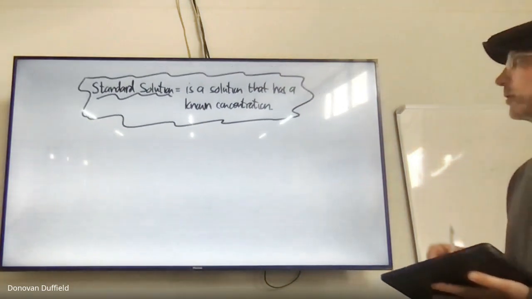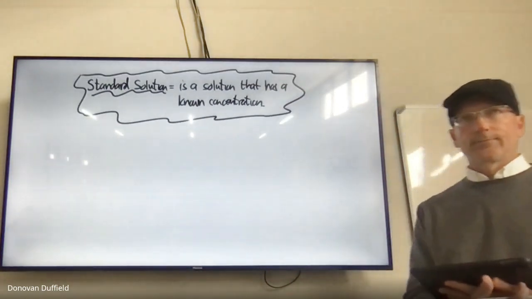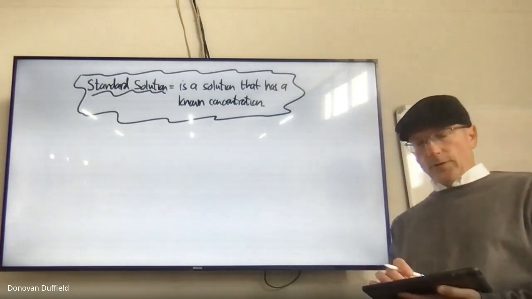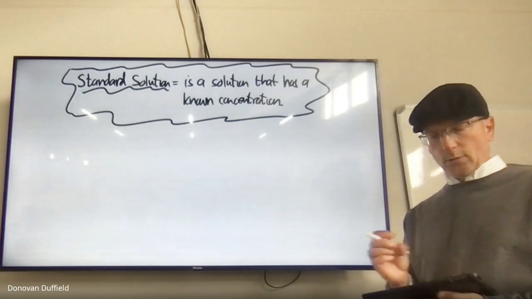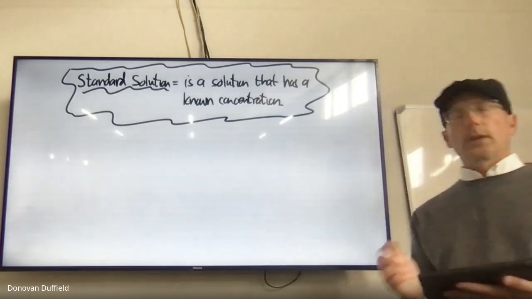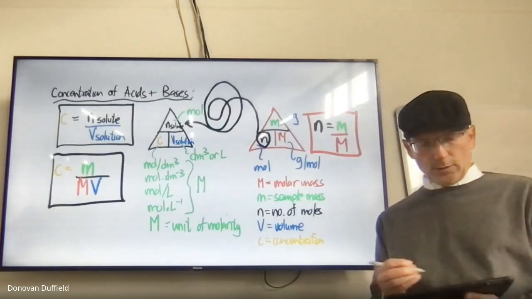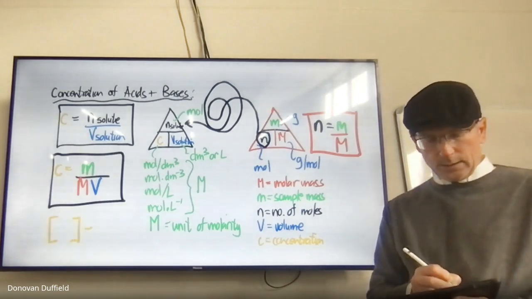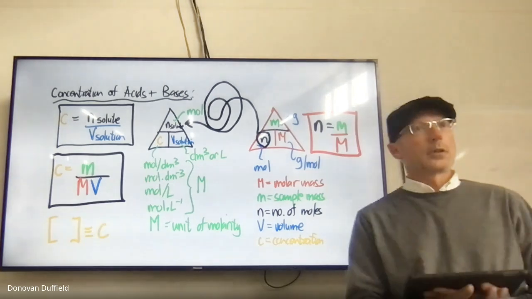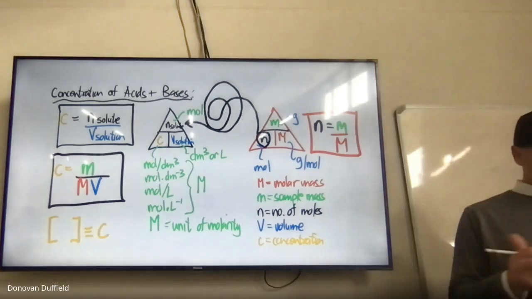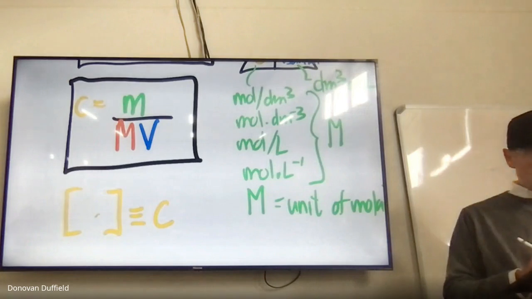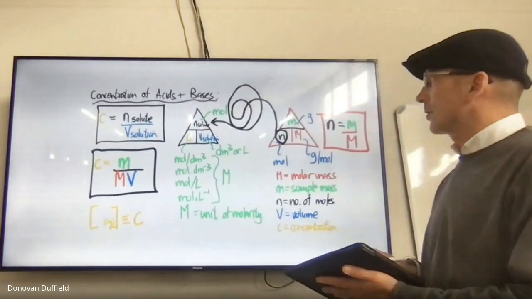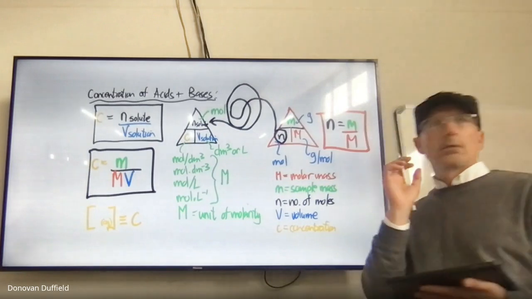I also want to mention that we can use square brackets to denote concentration. Inside the square brackets is normally aq, because whatever we're looking at the concentration of is a solution.